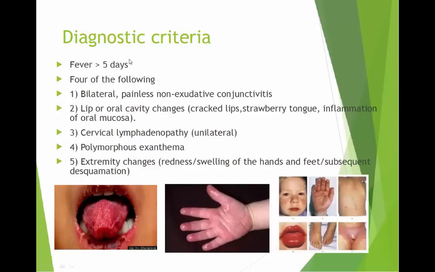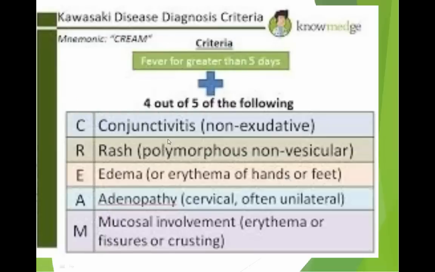So you need fever more than 5 days plus 4 of the following. In addition, I have another one, which is the acronym CREAM: C for conjunctivitis, R for rash, E for edema of the palms and soles, A for adenopathies, and M for mucosal involvement.